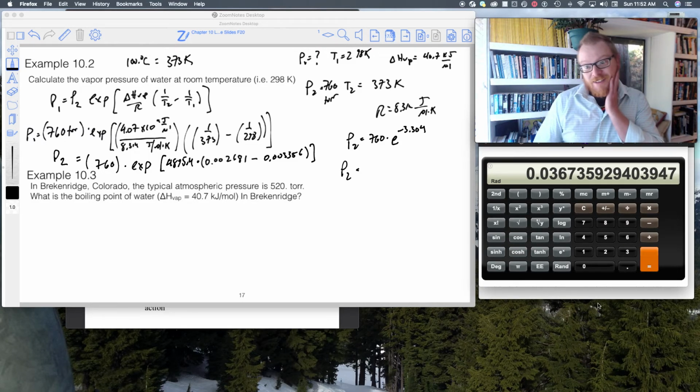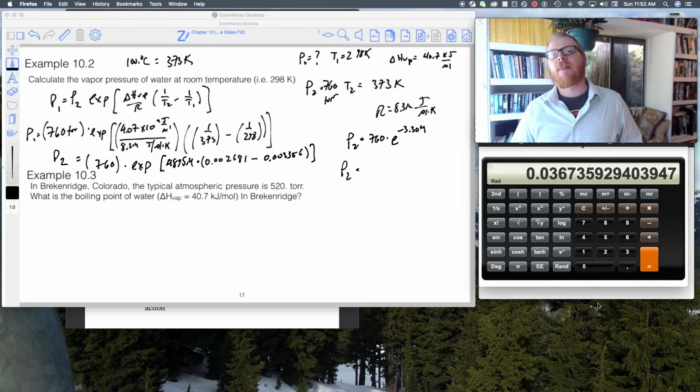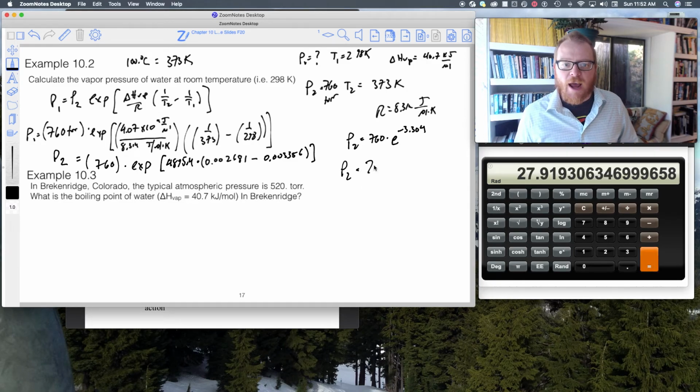And the reason I know that's the correct answer is because the exponential of a negative number is always a number less than 1. So that was e to the power negative 3.304. And now I'm going to say times 760 equals 27.9 torr, and that's the correct answer.